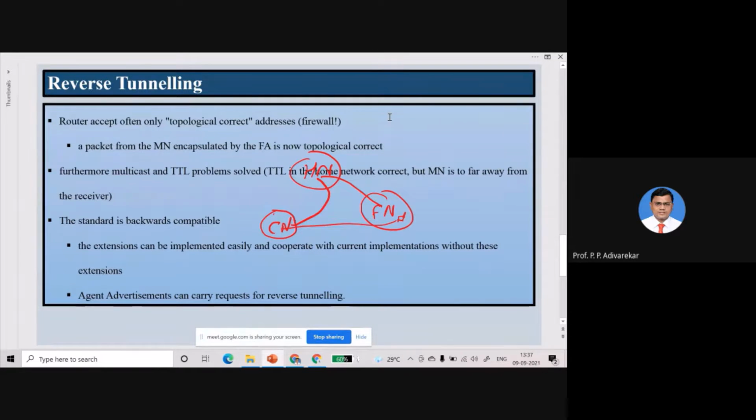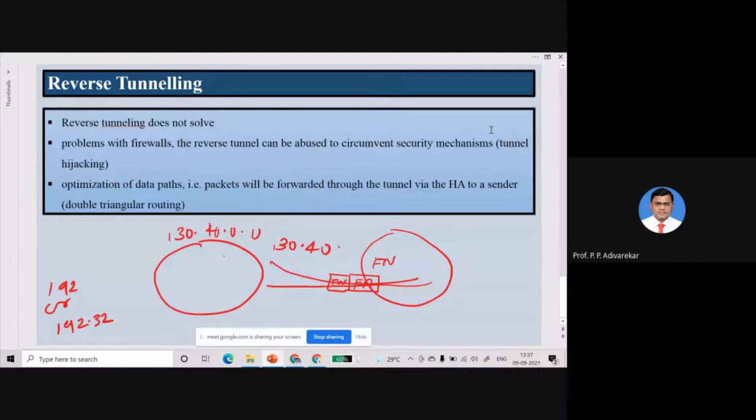Although it looks simple to solve this problem with reverse tunneling, there are still some issues. For example, in the case of the firewall, we have just seen that reverse tunneling may solve the issue, but the reverse tunnel can be abused in some circumstances, affecting the security mechanism. Since packets are coming from the foreign agent, there is a concept called tunnel hijacking, if you have heard about it.